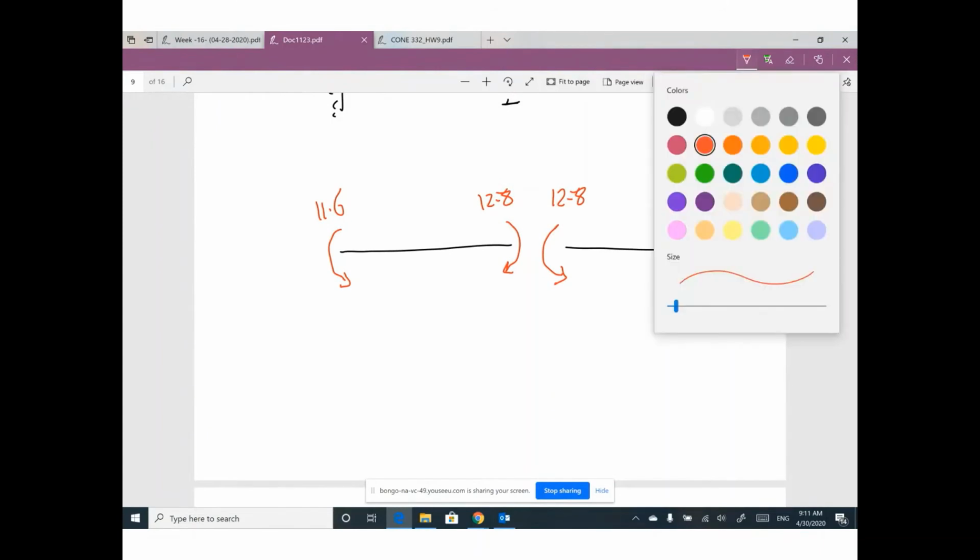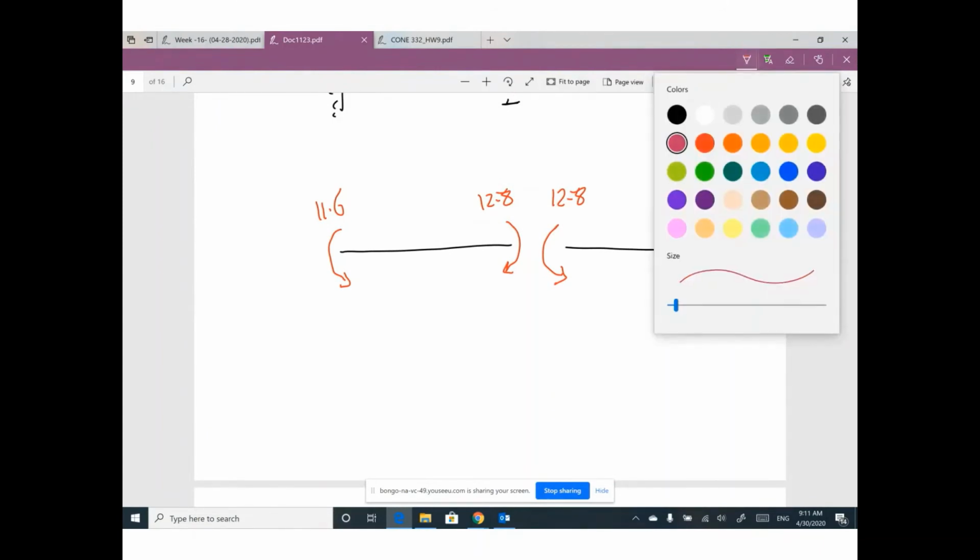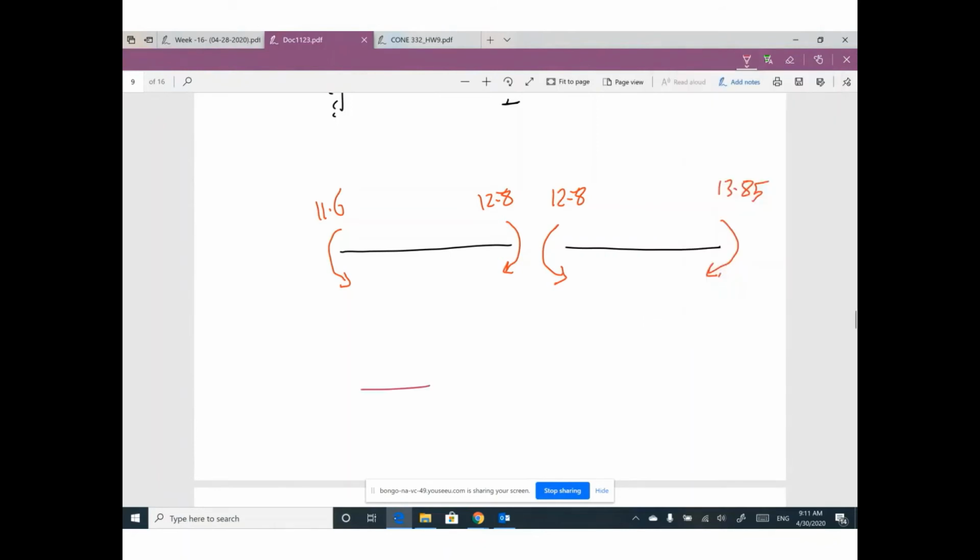If you would like to draw your bending moment diagram for the beam, here is the beam. Just a second, I'm sorry.